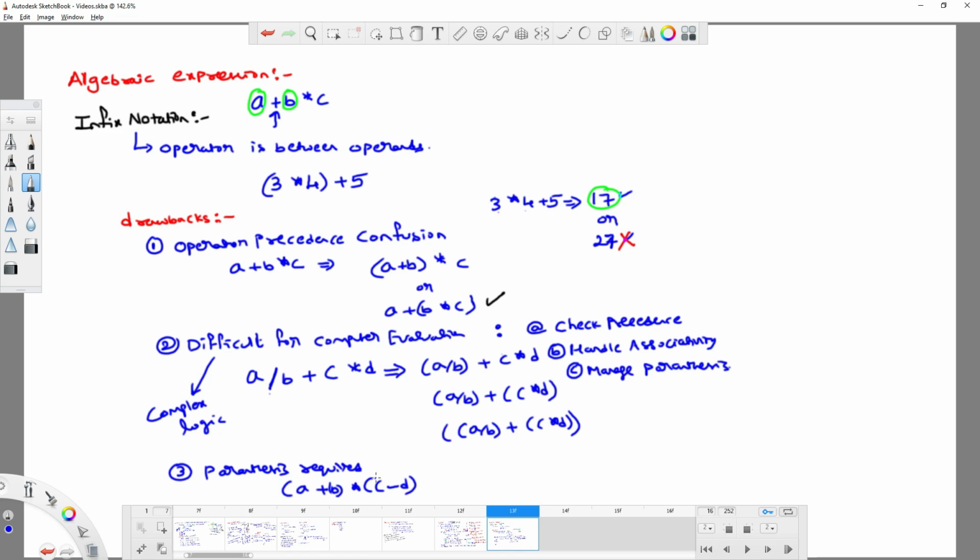Without parenthesis the answer is ambiguous; with parenthesis the answer is easy. But when you have too many parentheses, too many brackets, then again you require complex logic. This is one more drawback of the general way of evaluating the expression.